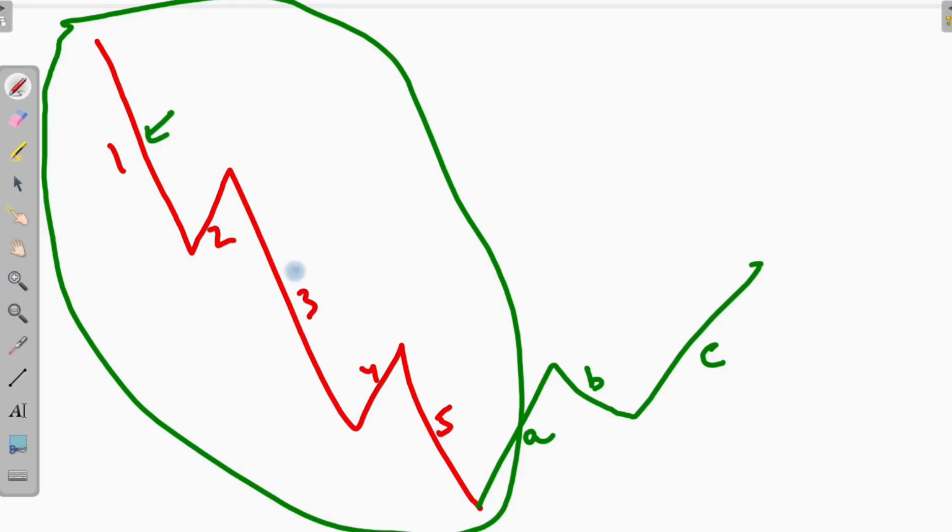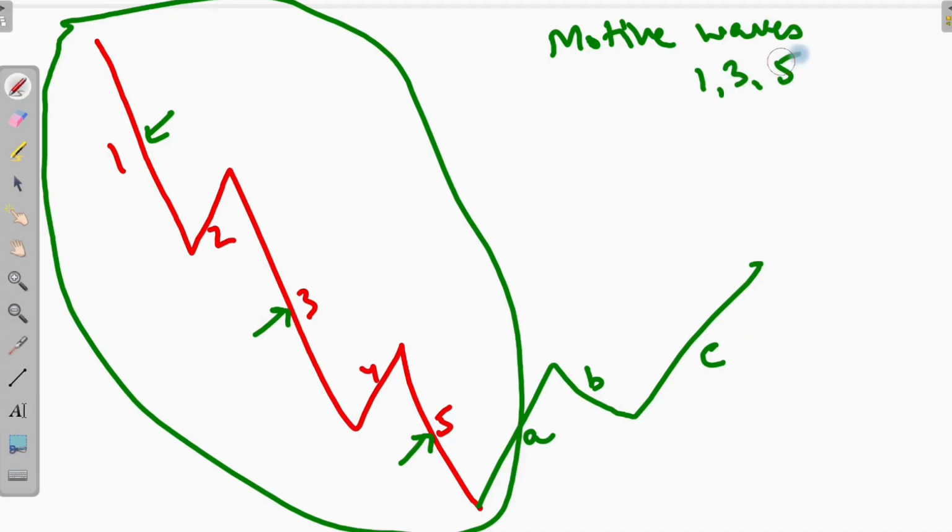So wave 1 is on the downside, wave 3 is on the downside, wave 5 is on the downside. So 1, 3 and 5 are always motive waves.